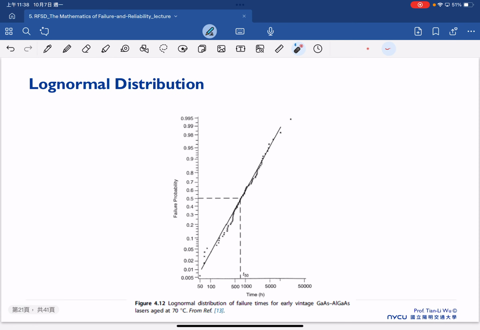But the really important thing is we need to consider the log normal distribution modeling in the CDF plot here.